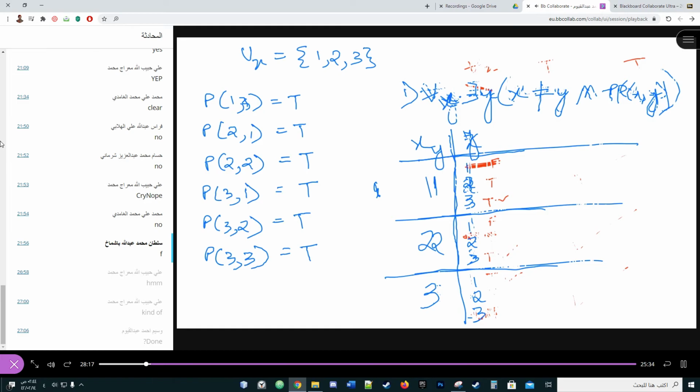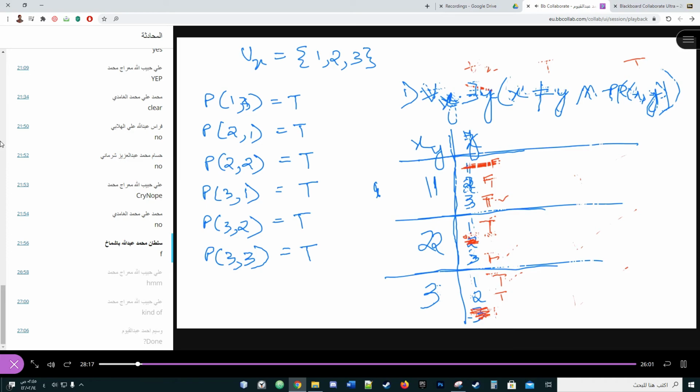So we eliminate this case, eliminate this case, eliminate this case. So let's write the truth values. 1, 2 is false. 1, 3 is true. 2, 1 is true. 2, 3 is false. 3, 1 is true. 3, 2 is true.